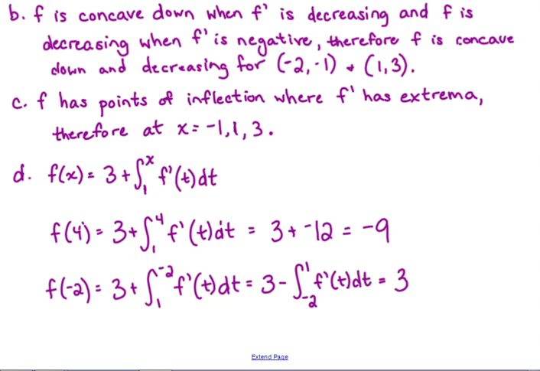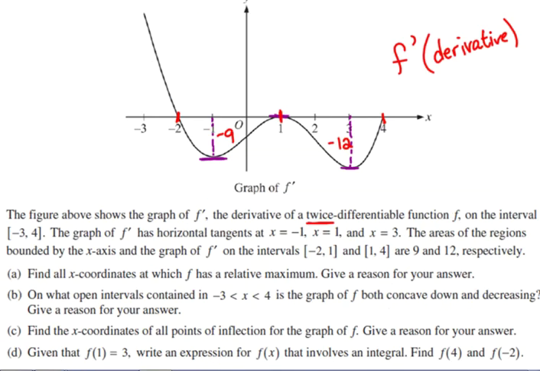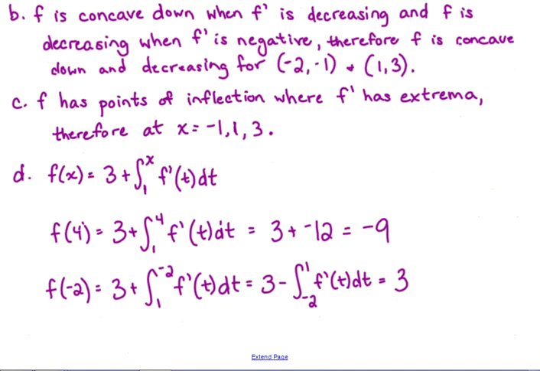Our limits weren't least to greatest, so we've got to make them least to greatest by flipping it over. Anytime you flip over your integral, you change the sign, you put a negative in front of it. So from -2 to 1, that area under the curve was -9, but there's a negative in front of that, so we add it, so it's equal to 12.